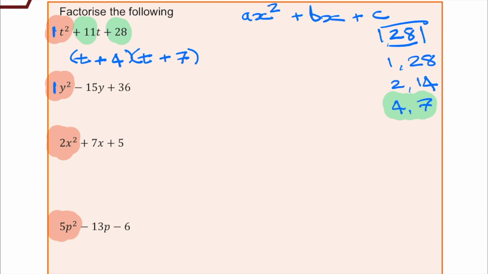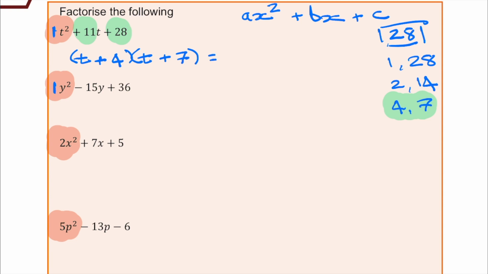And of course, if you want to double check your answer, if you've got time at the end of the exam, maybe, you can expand this double bracket, because expanding is the inverse of factorising. So if we expand that double bracket, we should indeed get what we started with. So let's check that now.